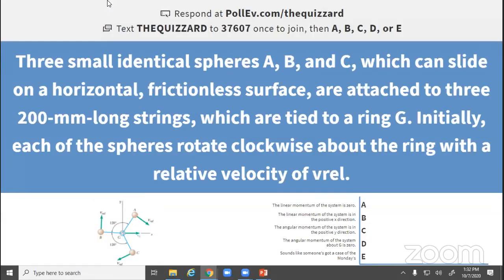So I know you can barely see that. Please pull it up on your phone or your computer.